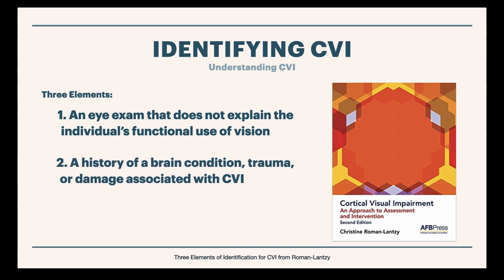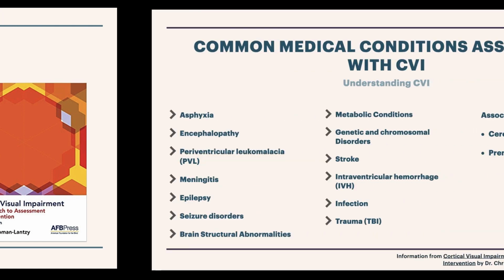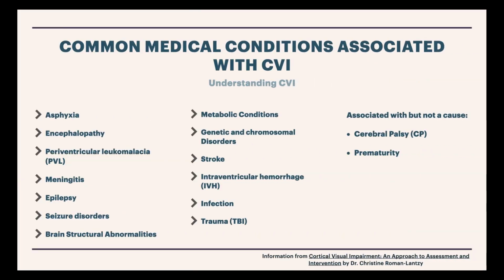The second element is a history of brain condition, trauma, or damage associated with CVI. Once again, I am sharing a list of conditions, but not an exhaustive list, that have been known to potentially cause CVI. On the far right, you will also notice I have listed cerebral palsy and prematurity.